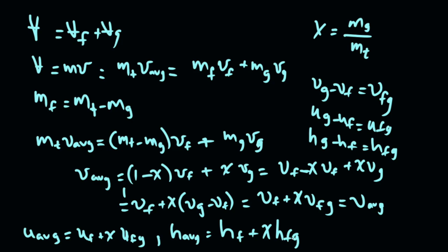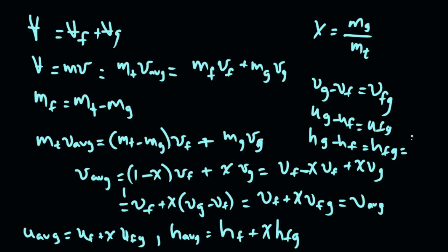As a matter of fact, the tables oftentimes have h sub fg already in the table, although we can calculate it. It's simple enough to just get the enthalpy of the saturated vapor minus the enthalpy of the saturated liquid.